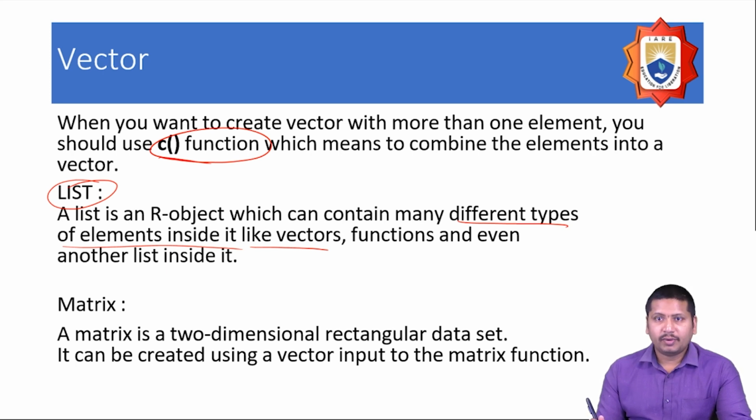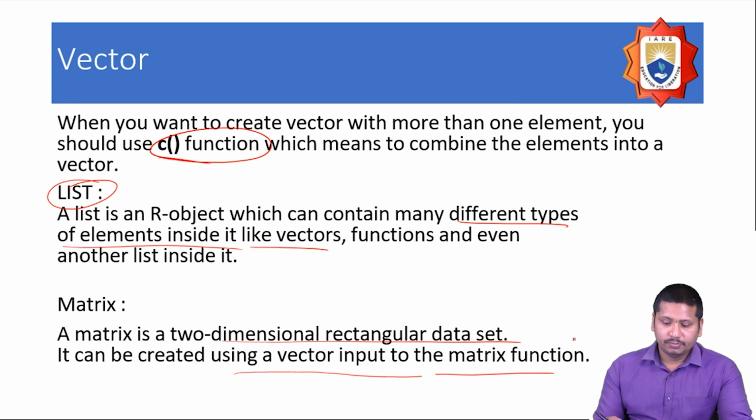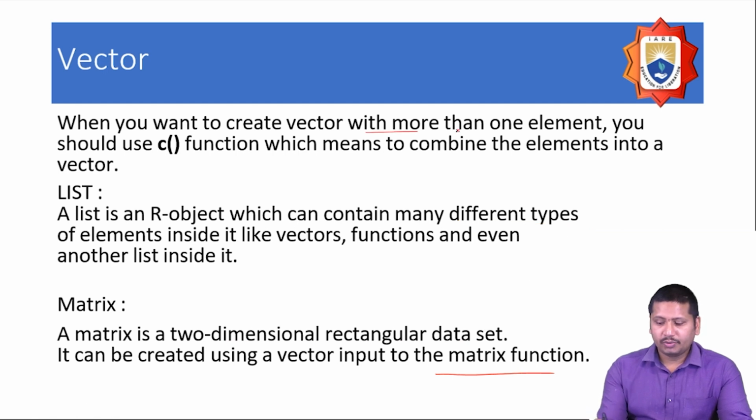And a matrix is a two-dimensional rectangular data set, and it can be created using a vector input to the matrix function. So a vector is created with more than one element by making use of the function called c function, which combines the elements into a vector. Another thing is a list here.